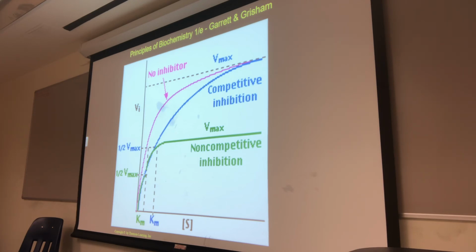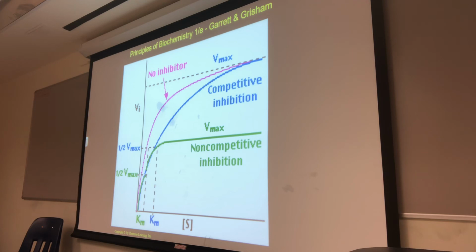Okay, we said that what competitive inhibition does to Km is that it increases the value of Km. We said earlier that Km tells you something about the enzyme's ability to grab onto substrate. The competitive inhibitor goes to the active site, right? That's directly interfering with the enzyme's ability to grab onto substrate.